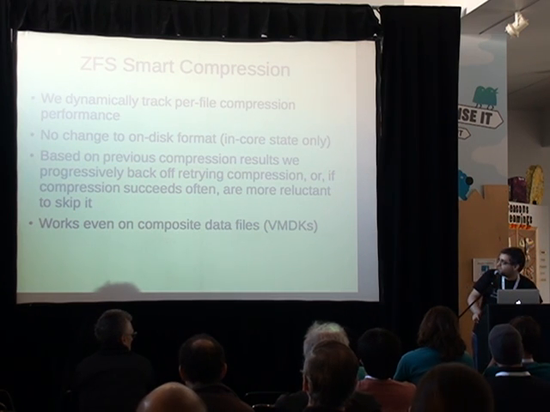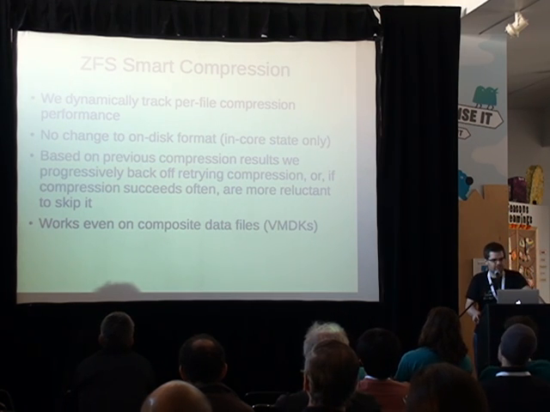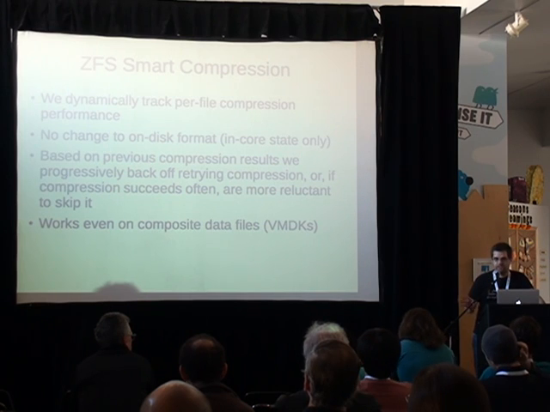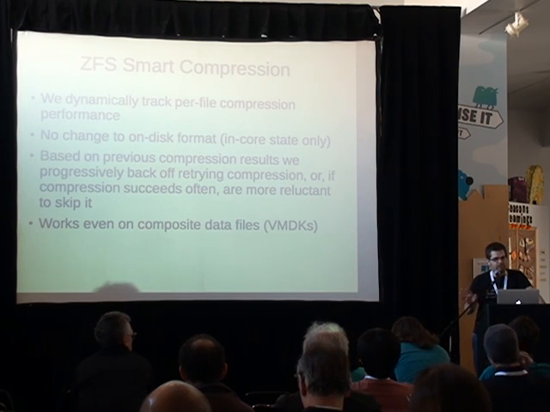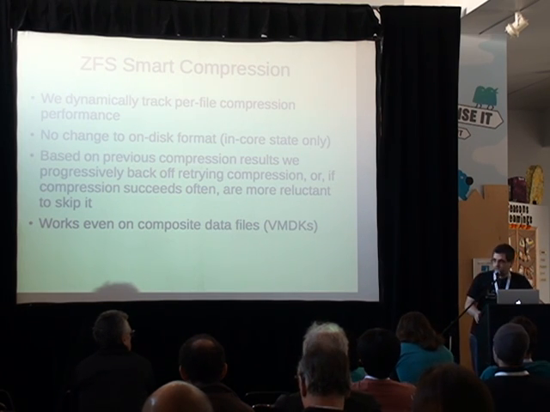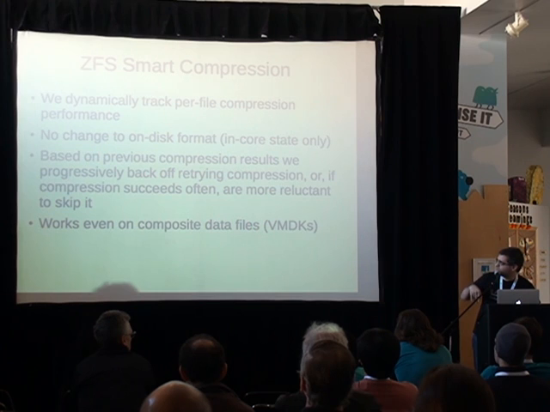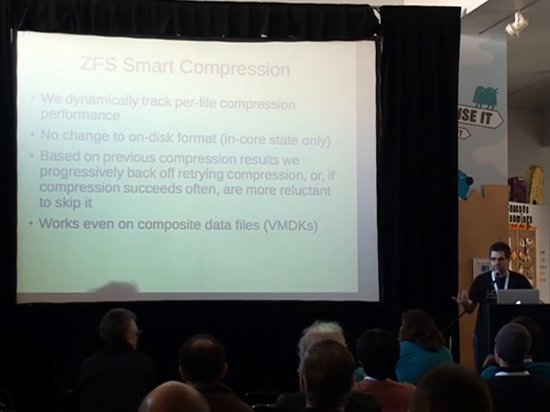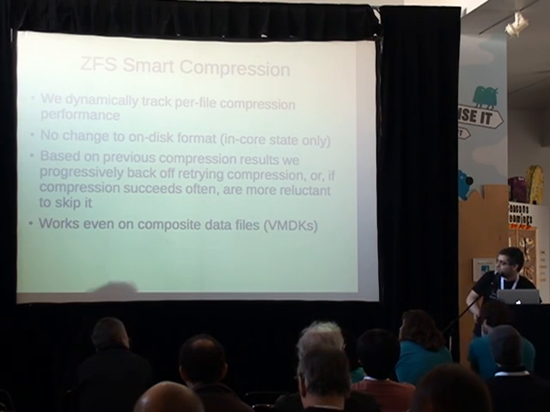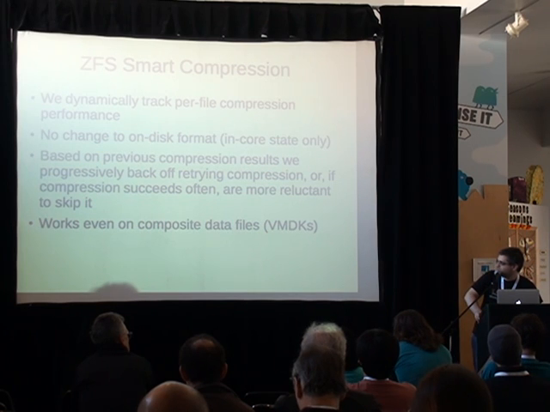We did not modify the on-disk format, and we just have ZFS make the decision based on its historic performance. There's a simple heuristic. It just checks how often I've succeeded. If I've not succeeded much at all, I'm not going to try for a while, then I'm going to retry again, and it progressively either backs off or becomes more reluctant to back off from compressing files.